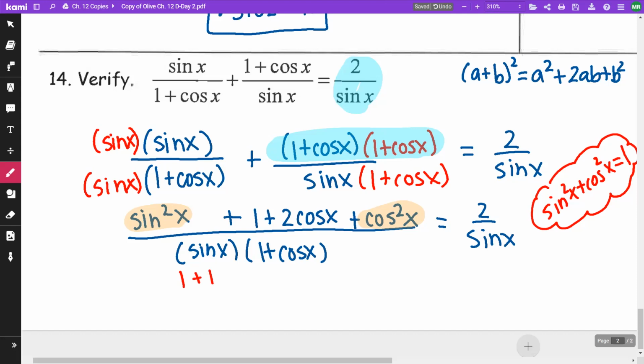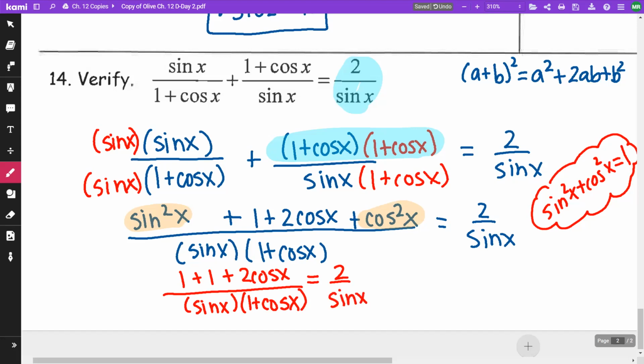I have 1 plus 2 cosine x all over sine x times 1 plus cosine x. And again, we're trying to get this to be a 2 over sine x.